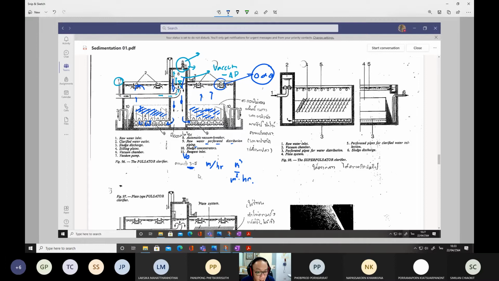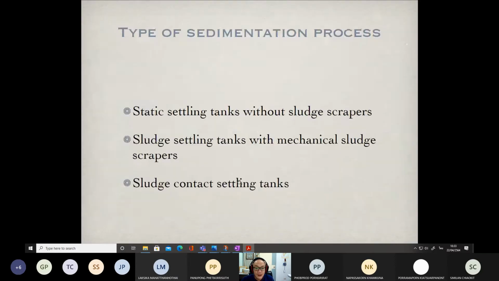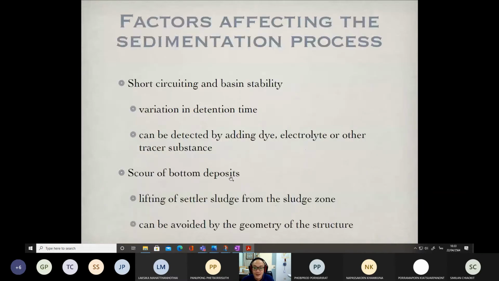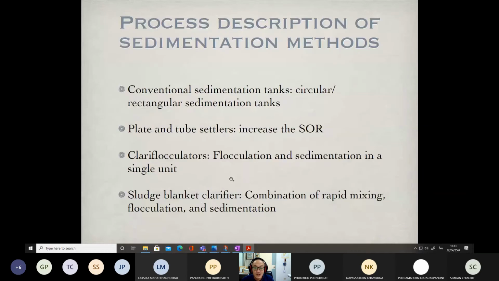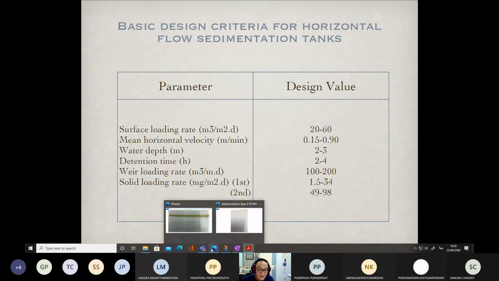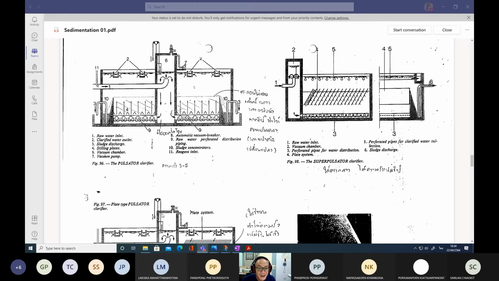This is very high if you compare it with the settling criteria for the horizontal tank, which is only 20 to 60, but the unit is with respect to the day. Here, the overflow rate is expressed in meters per hour. 3 to 5 meters per hour is very high.